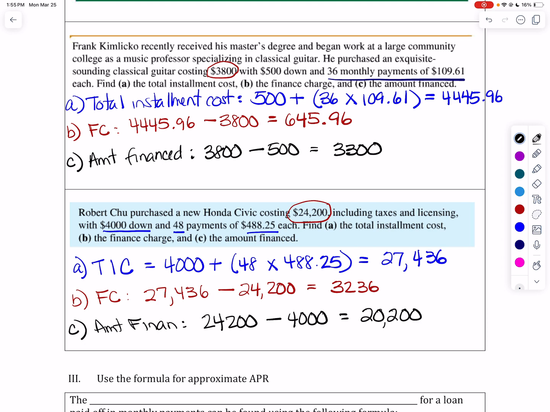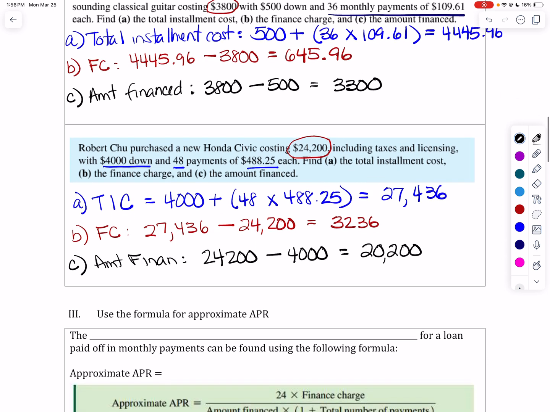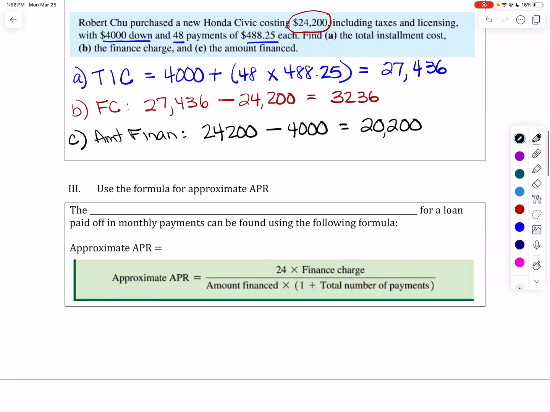All right, so now we're going to be looking at a formula to approximate the APR, okay? And this is called the approximate annual percentage rate.